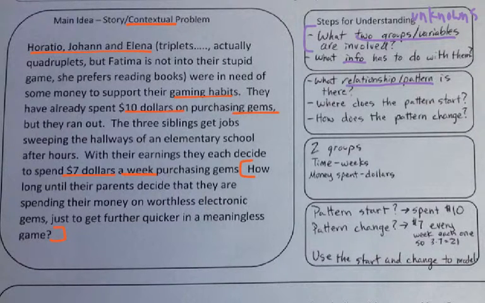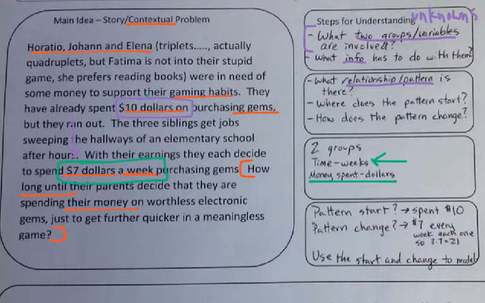Usually the question can help you decide. So if we look at this question, how long until their parents decide they're spending their money? That's kind of the key right there, how long and their money. So what we're dealing with here is time in weeks, because that's a connection there, and money, how much they've spent. They've already spent $10, and they plan on spending more each week.